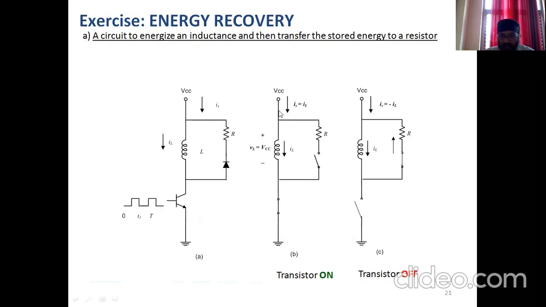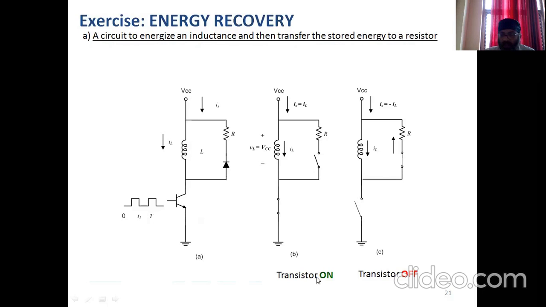Now, using a circuit, how to say that, okay, it actually happens. This is the actual circuit, a transistor triggered with these pulses. And we have a diode here, a resistor, and this is an inductor. So the diode acts as a switch and the transistor acts as a switch.